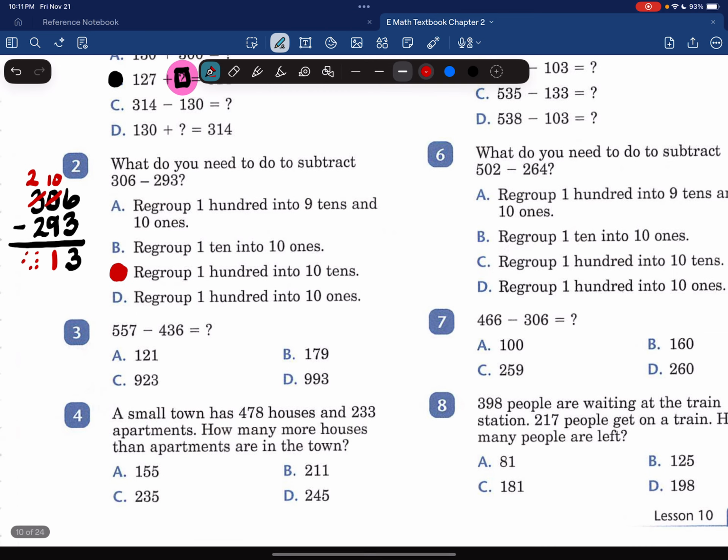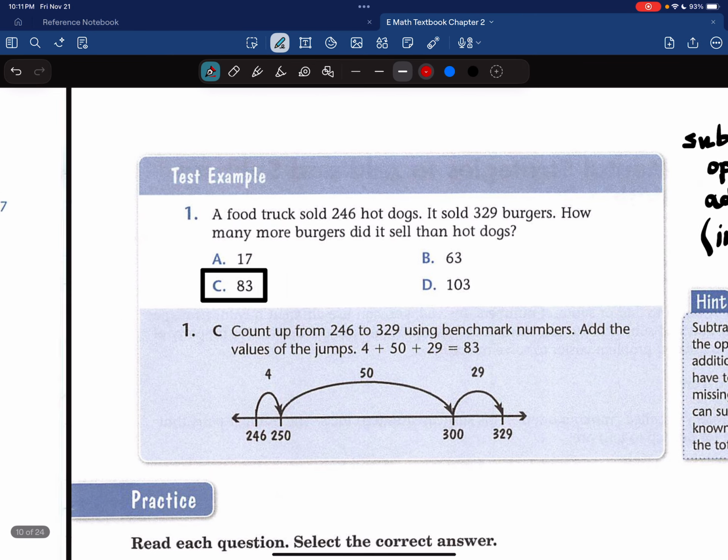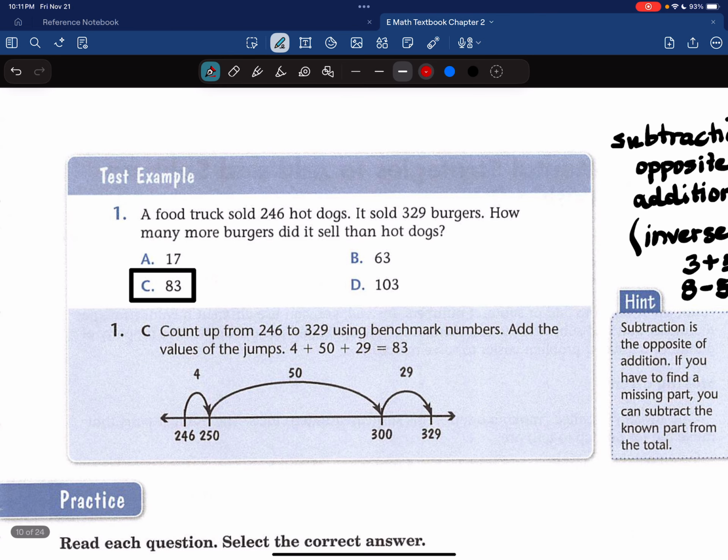Number 3. How do I want to do this one? 557 minus 436. I want to do that one with the model, if I can find a place to do it. Let's do it right up here. 557, that would be 5 flats, 5 rods, and 7 cubes.